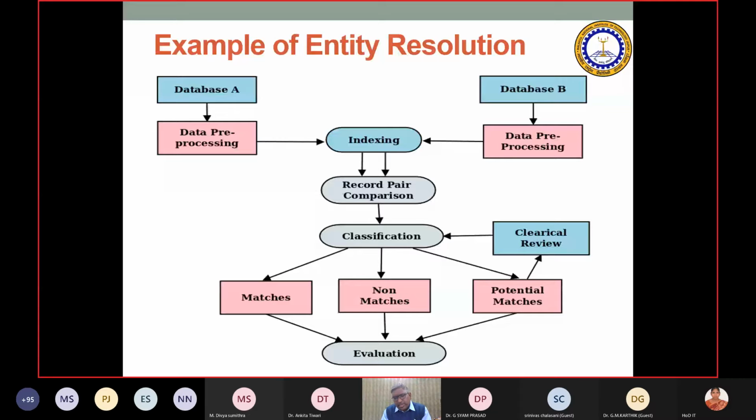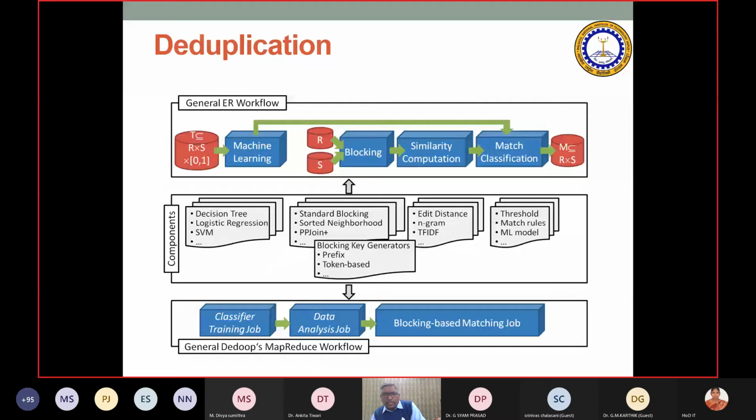Then you have a clerical review, with human input. With the human input you classify again, and then it matches. Finally you can do the evaluation. So the whole process for deduplication, for entity resolution, is like this.